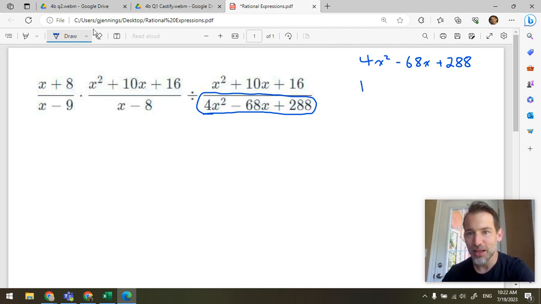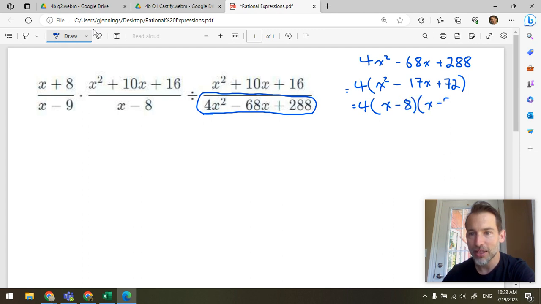So this has a common factor of 4, and then it's 4x squared minus, what's 68 divided by 4? It happens to be 17x. And then 288 divided by 4 is 72, plus 72. I'm going to use equal signs, might as well keep my rough work organized. So this is now 4 multiplied by x minus 8 times x minus 9.